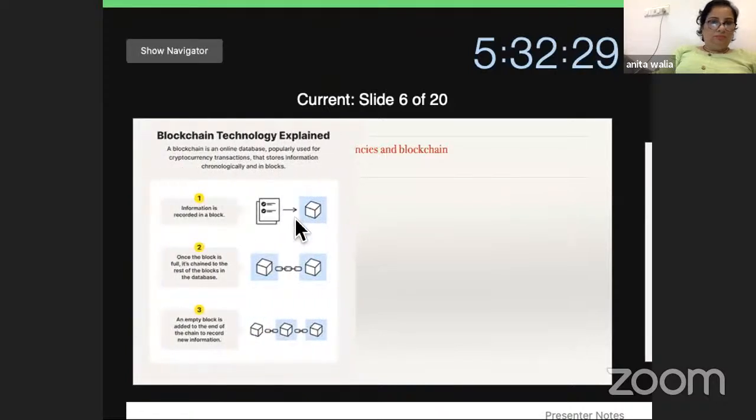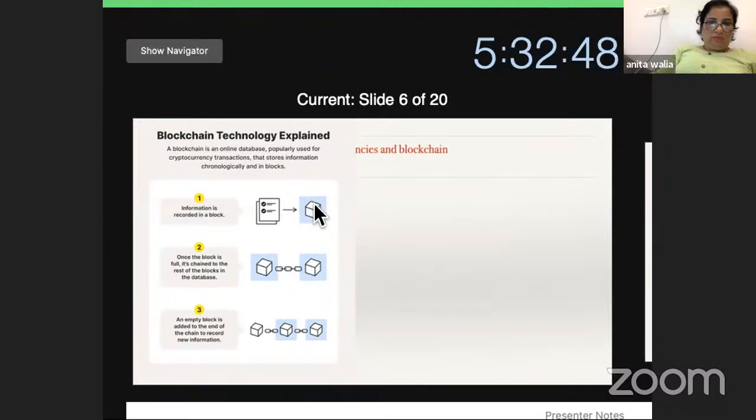Okay, now you see here, the information is recorded in one of the blocks, right? Digital information, and it will be in chronological order, 1, 2, 3, 4. So the first block will be full, and then the next information will go to the next block.